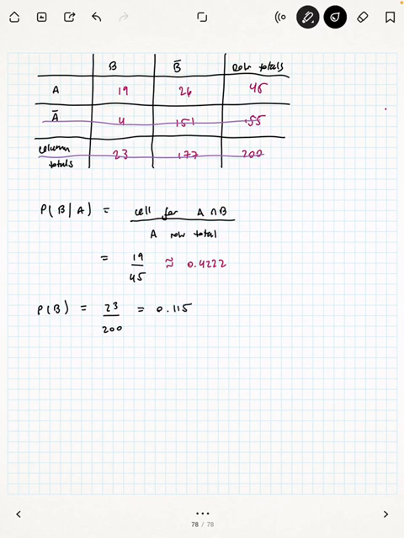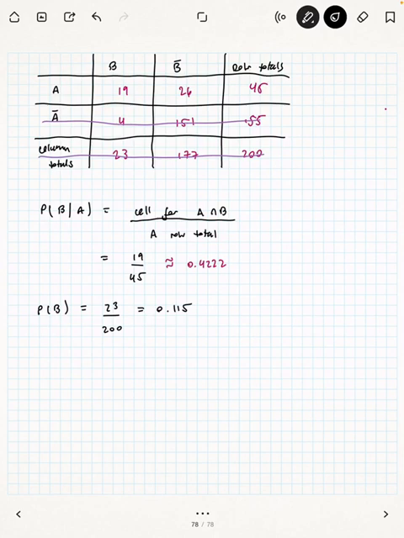So it appears that conditioning on A, whether or not you're an e-cig user, has significantly changed the probability of developing lung cancer.